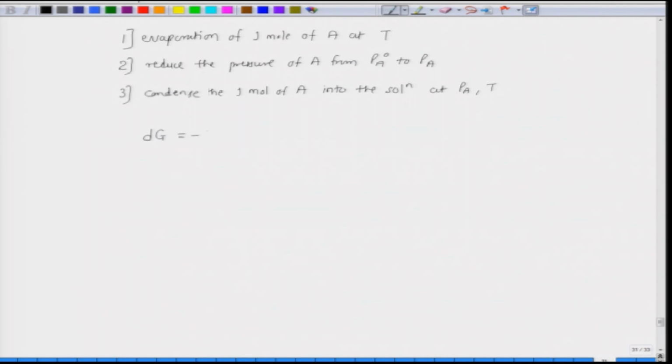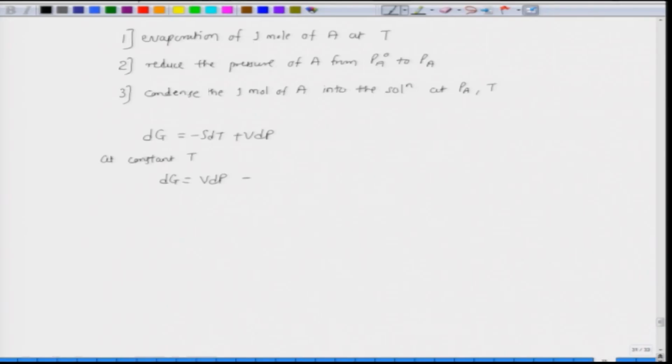We know it should be equal to minus S dT plus V dP, and at constant temperature dG is equal to V dP. Now, we are considering vapors, and the vapor pressures are typically really low pressures, and we know at low pressure we can consider a real gas as close to an ideal gas.